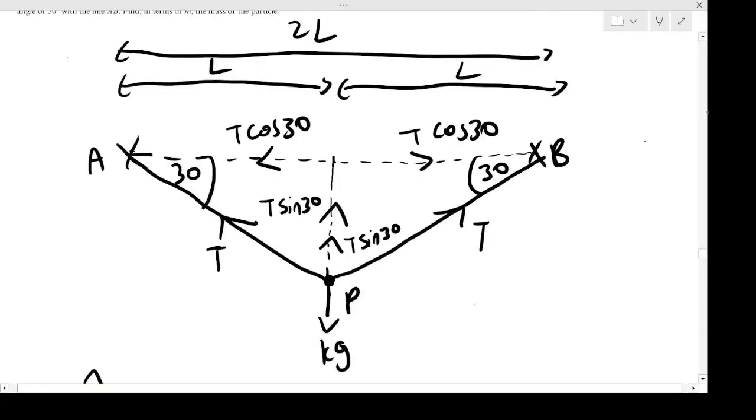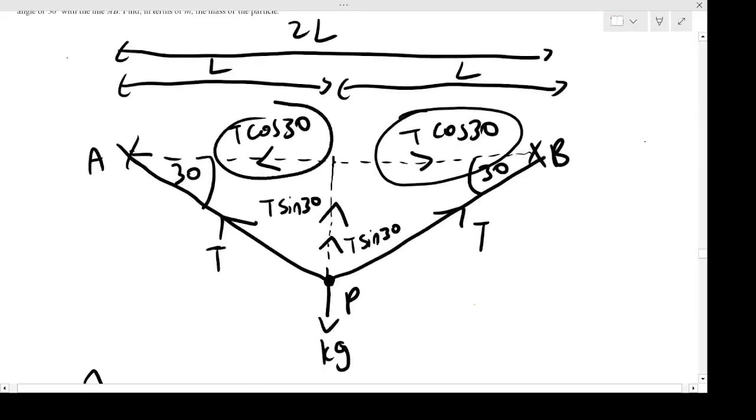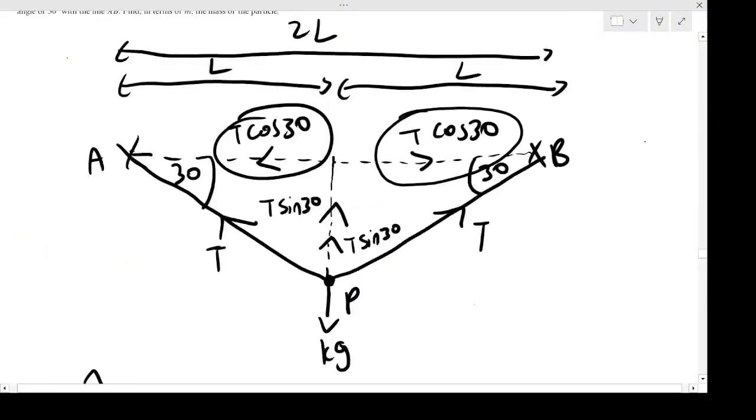And then we can perhaps look at resolving right and left, so horizontally. If we do that, the force on the right is T cos 30. That's going to equal the force on the left here, which is also T cos 30. Well, that doesn't help us. It doesn't tell us anything. But it does tell me my forces are labelled right, which is great to know.